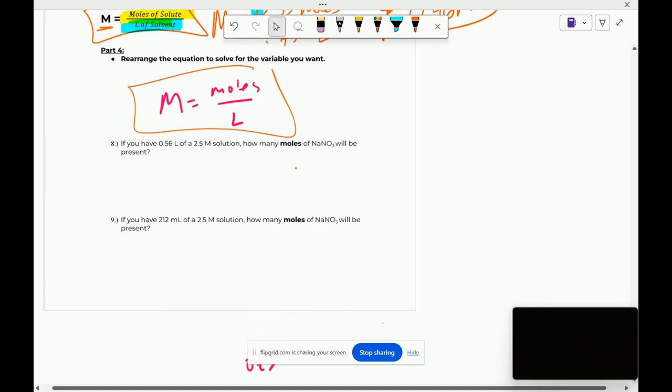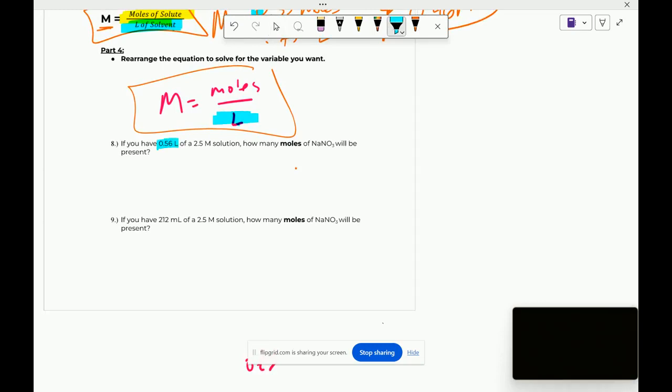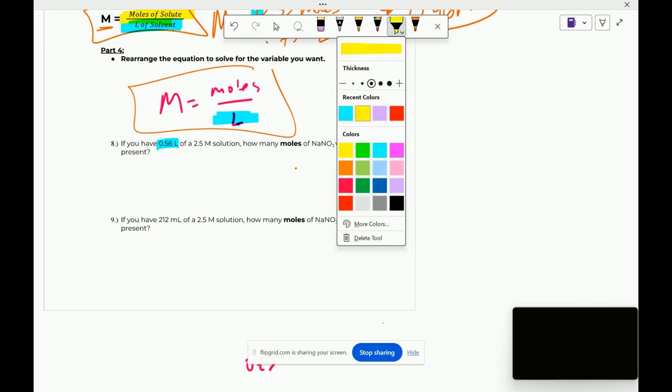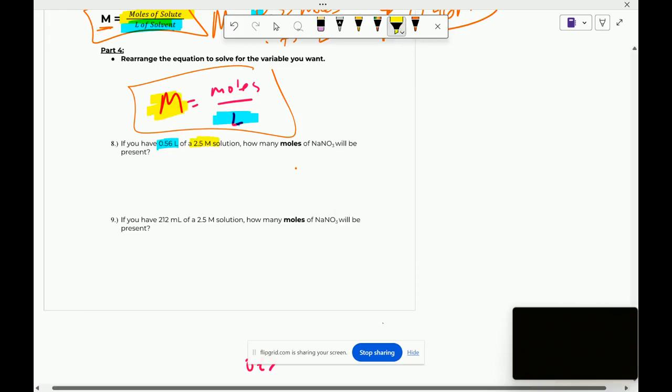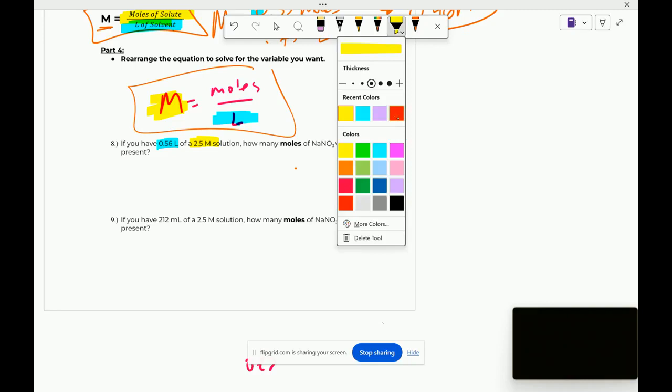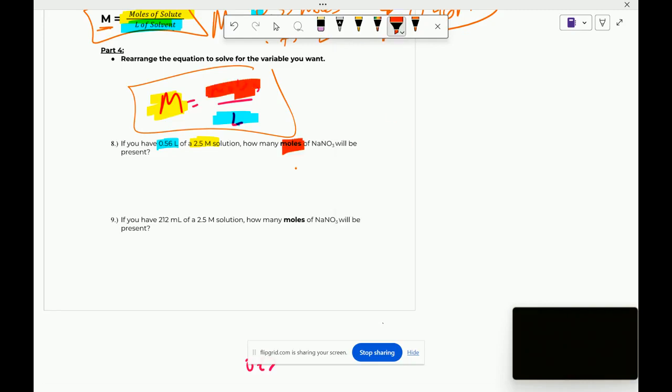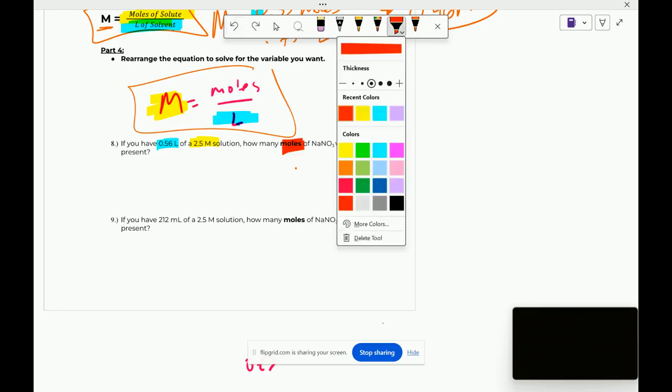Now the question asks this: if you have 0.56 liters and 2.5 big M, how many moles? That's what I want to find.